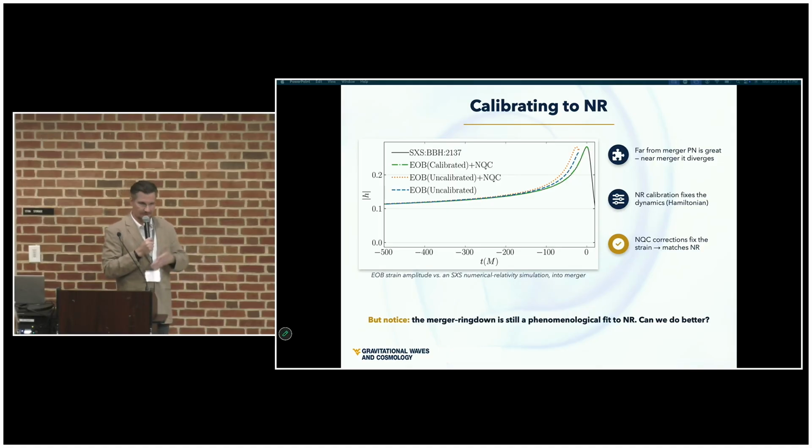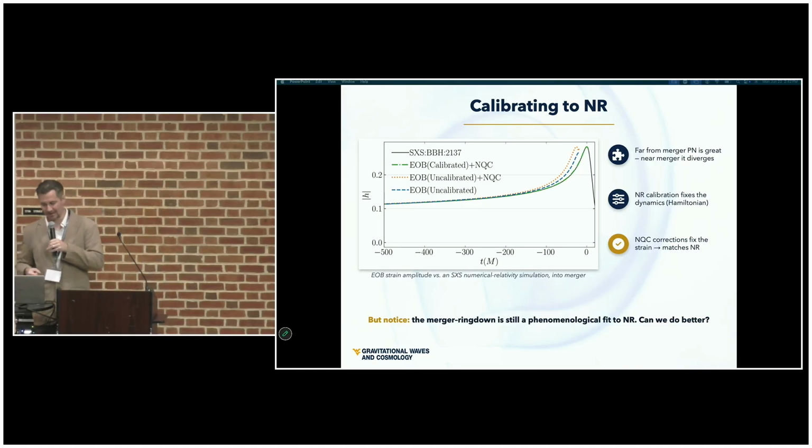At the end of the day, you're introducing phenomenological parameters that you then tune to NR. Our group's whole emphasis is trying to minimize the amount that we do that, because you lose physics the more you do that. We've been pretty successful getting rid of half of those degrees of freedom, and now we're crunching away at the other half.